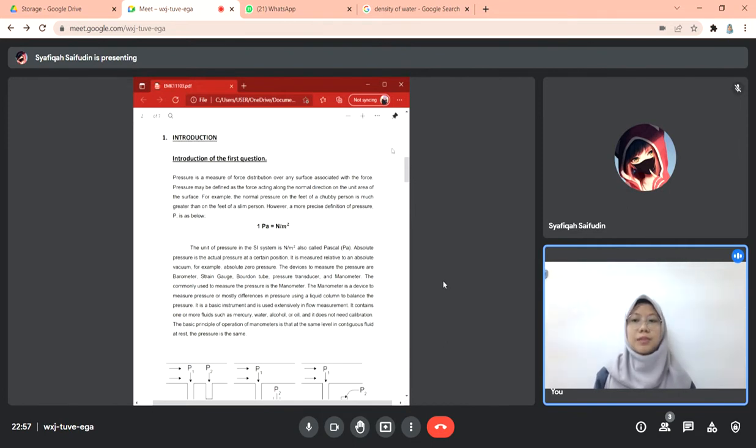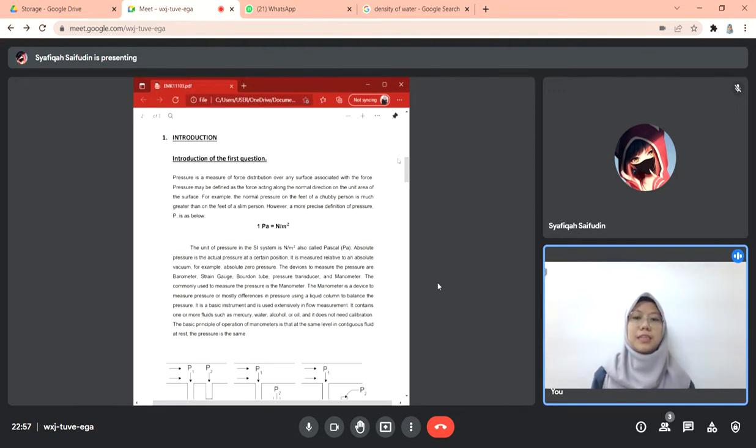Pa. Absolute pressure is the actual pressure at a certain position. It is measured relative to an absolute vacuum, for example, absolute zero pressure. The devices to measure the pressure are barometer, strain gauge, Bourdon tube, pressure transducer, and manometer. The commonly used device to measure the pressure is the manometer.